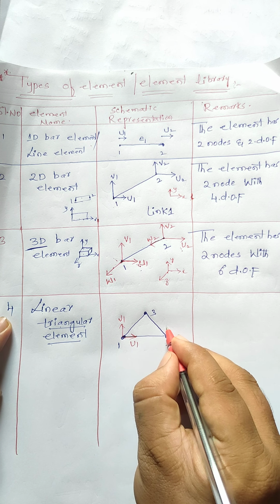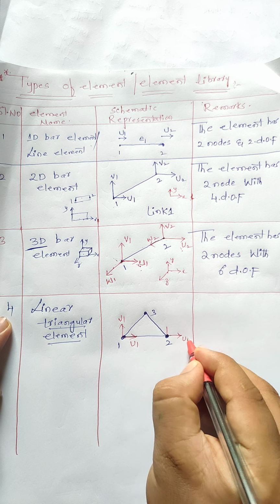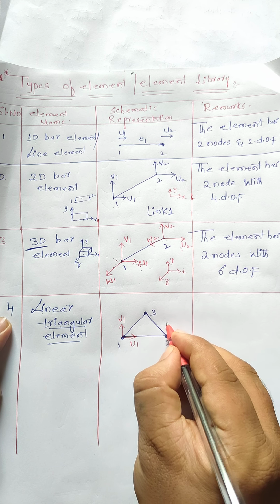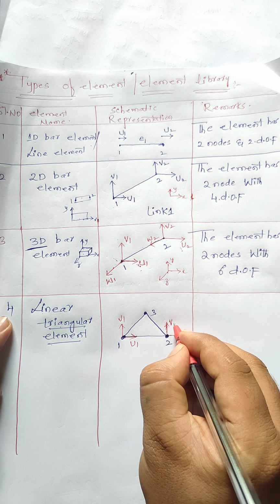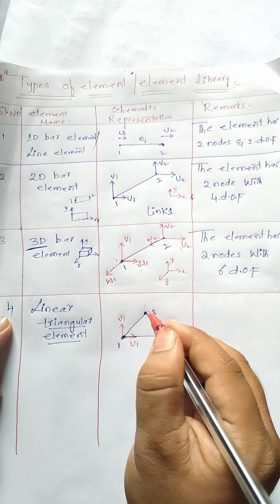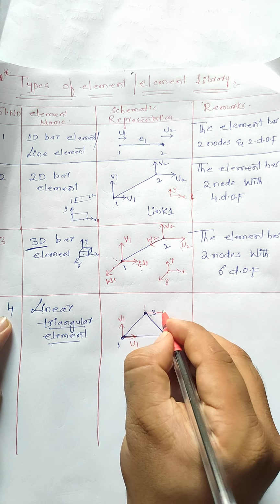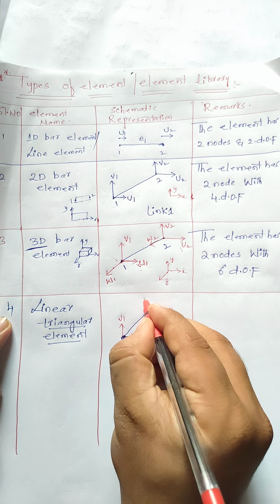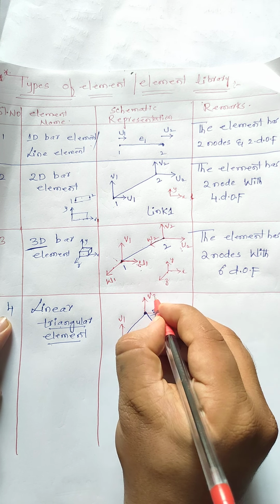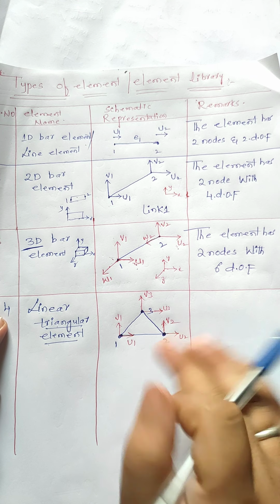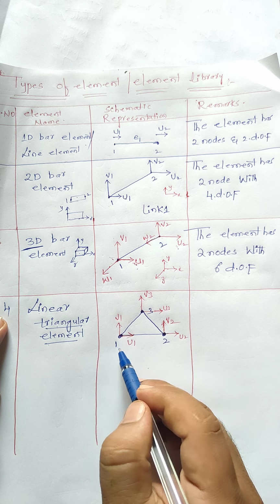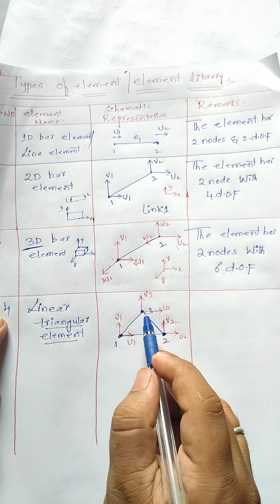At node 2, displacement is acting as u2. Displacement in the vertical direction is represented by v2. Displacement in the x direction is represented by u3. Displacement in the y direction is represented as v3. So we know very well how many degrees of freedom this element has.